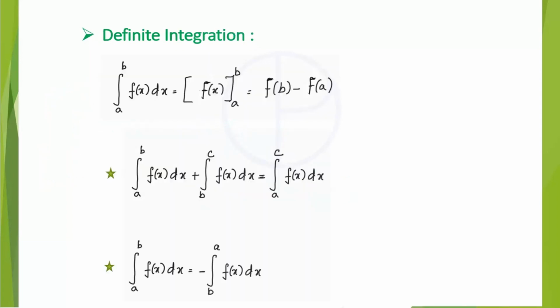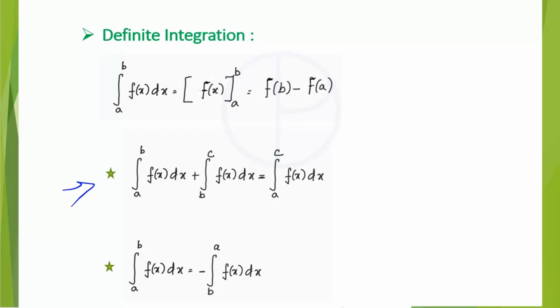So integral a to b f of x dx equals capital F of x, and the limit is a to b. So first you need to substitute the upper limit b, then minus the lower limit. So let's look at this one. Integral a to b f of x dx plus integral b to c f of x dx.